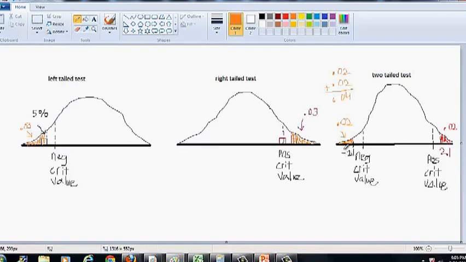So if I got minus 2.1 as my t-score, my p-value would still be 0.04. If I got 2.1, it would still be 0.04, because regardless of whether you end up at the negative end or the positive end, you still have to add the two sides of the curve. You still have to add these two pieces together.